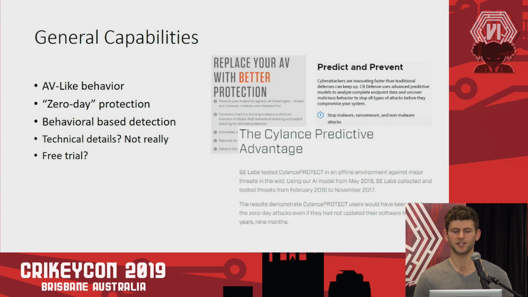I've got a few snippets here of what you would see on their websites, say Cylance, Carbon Black, CrowdStrike. You can see they all advertise AV-like behavior, so they typically say you can uninstall your AV and install this instead. They do offer your basic signature checking, but they also have what they call zero-day protection, along with more behavioral-based detection.